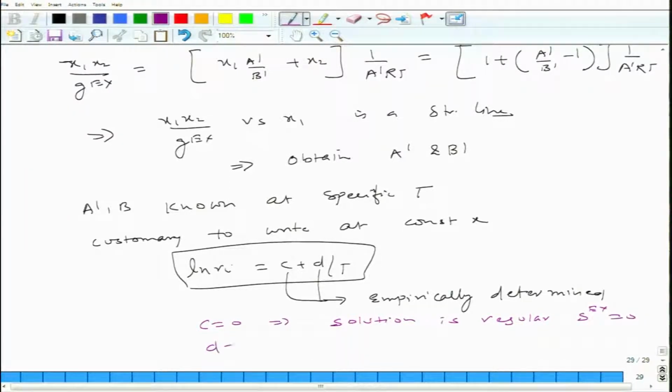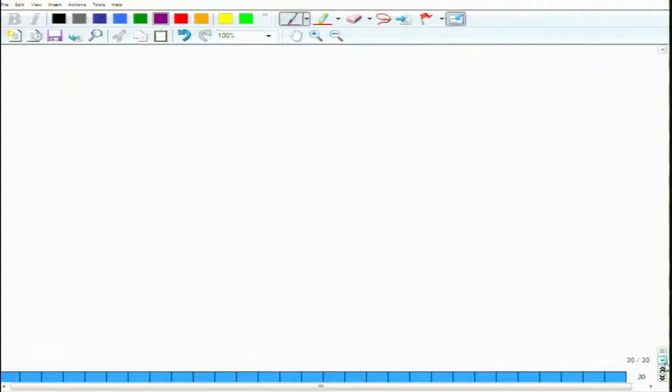If D is equal to 0, that means it is independent of temperature, then the solution is athermal, which means H excess is 0. This is something which we can see by looking at it if you are aware of all the derivations, but I will just assert it now and we will look at it in the later part of this course, the last few lectures.